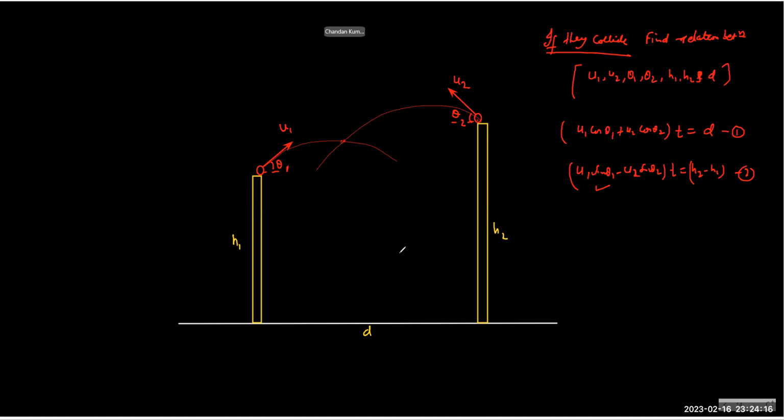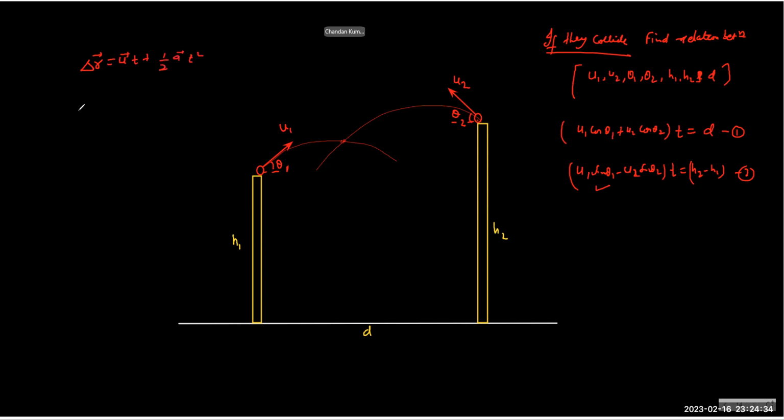Simply write the vector form of kinematics. What is the meaning of meeting? You have similar coordinates, right? So how do we write the formula for the displacement? Delta r equals ut plus half at square, right?